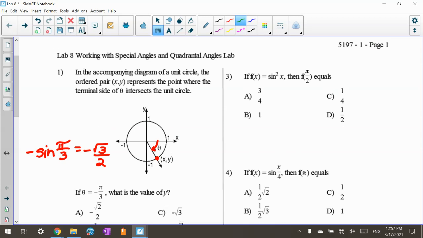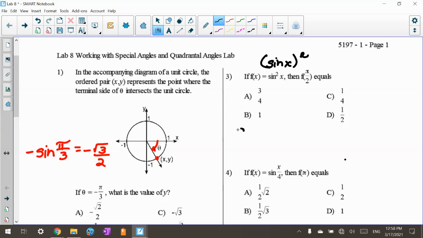Now here, when people start doing squares, when we square the sine of an angle, we put the 2 right next to the trig value. This is the same thing as saying sine of the angle squared. So that's how you're going to need to write it. They said if f of x equals sine squared of x, then f of pi over 2 equals.